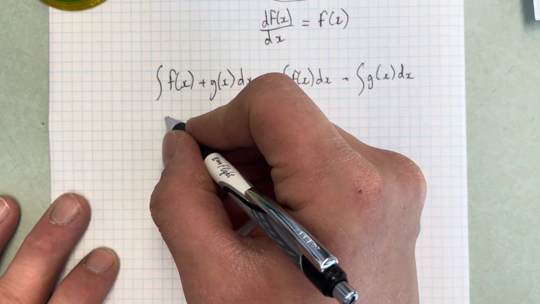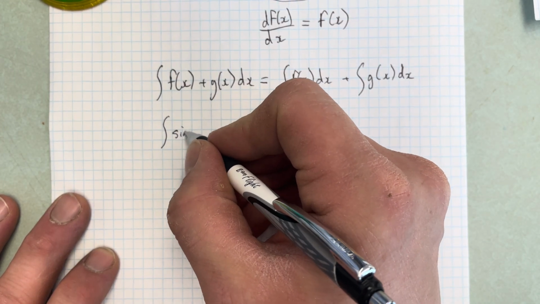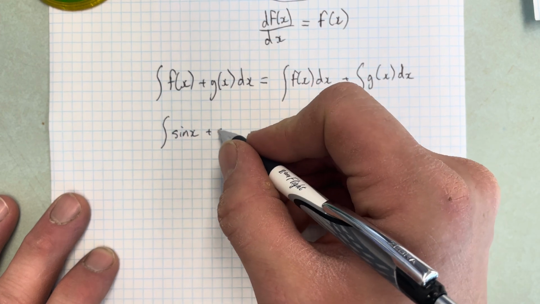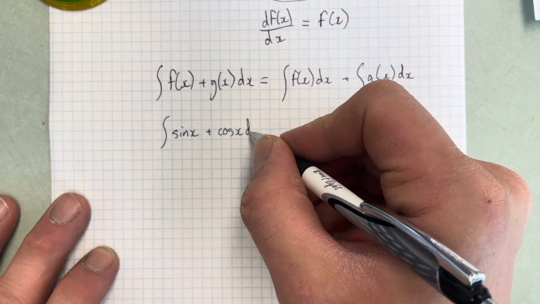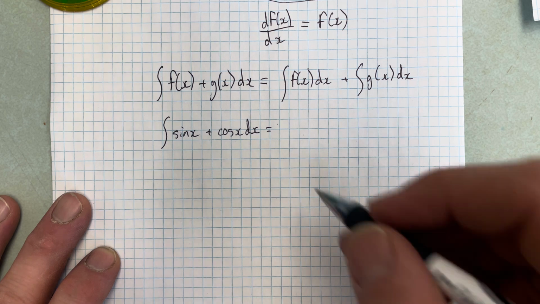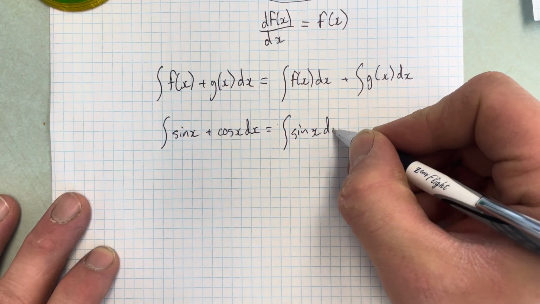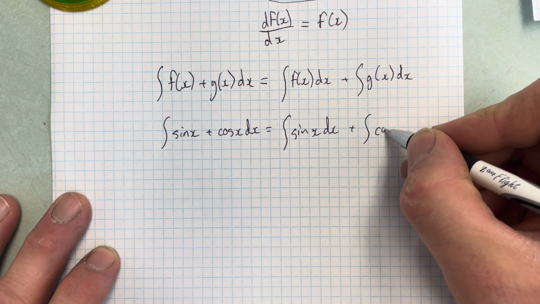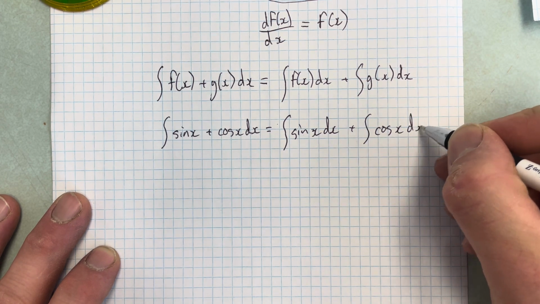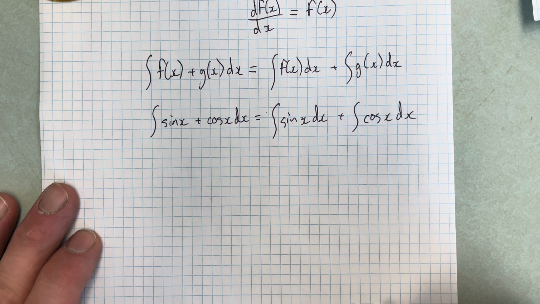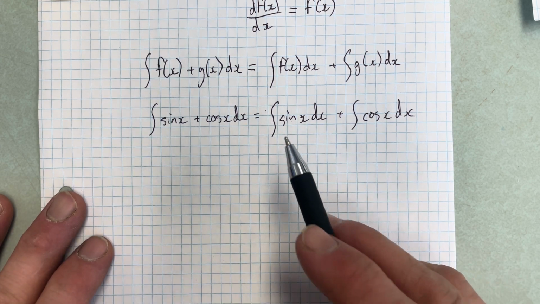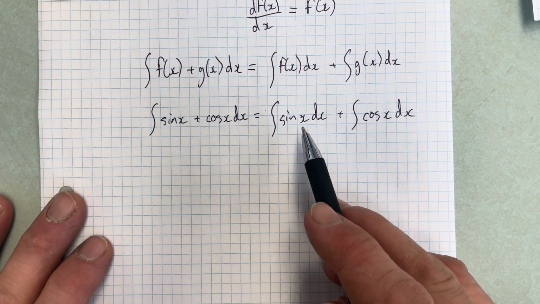Suppose we had the integral of sine x plus cosine x dx. This would be the integral of sine x dx plus the integral of cosine x dx. Our rule for reversing integrals is we just have to find what function has a derivative of sine of x.